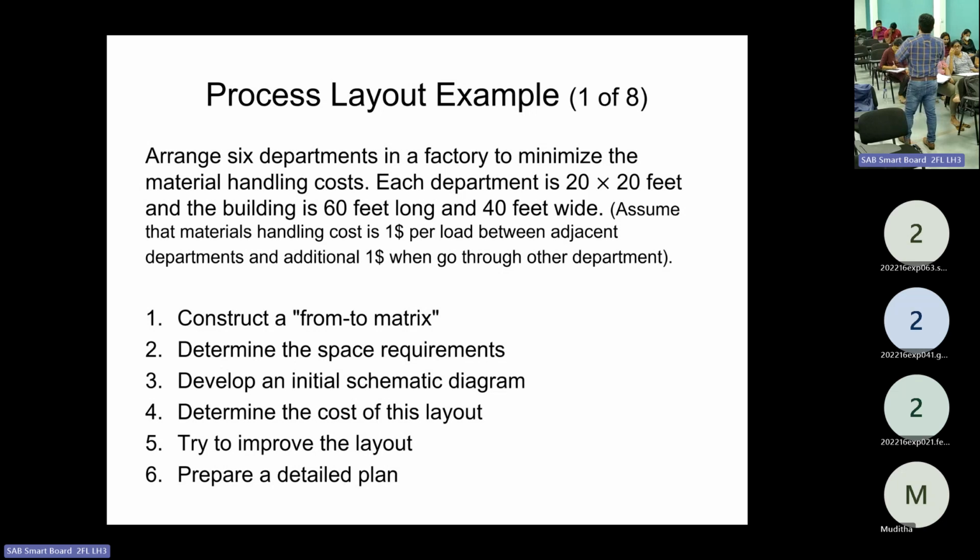And the second step, when we identify different workstations, resources, and all, that is what we understood as the basic information. Like what are the different departments we need to locate and their space required.